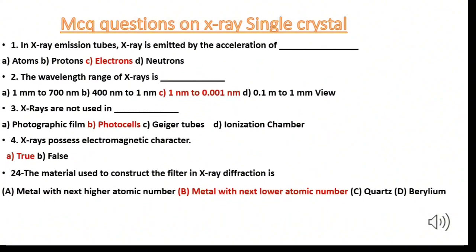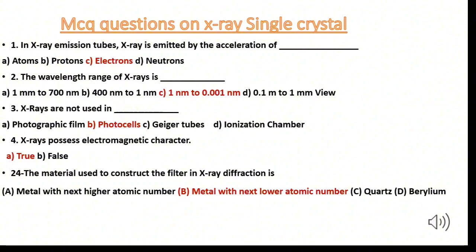MCQ questions on X-ray single crystal. Number 1. In X-ray emission tubes, X-rays are emitted by the acceleration of, answer, electrons. Number 2. The wavelength range of X-rays is, answer, 1 nanometer to 0.001 nanometer. Number 3. X-rays aren't used in the, answer, photocells. Number 4.